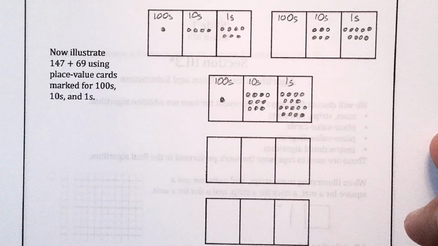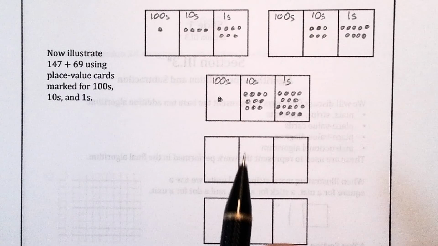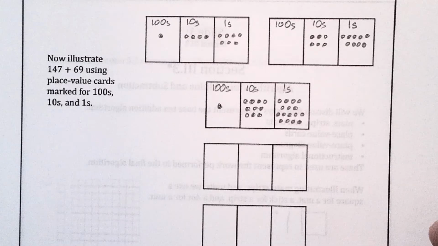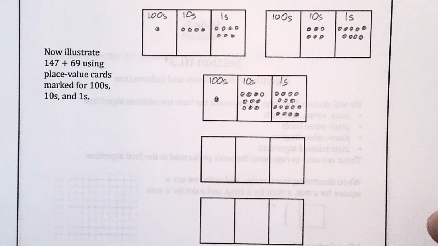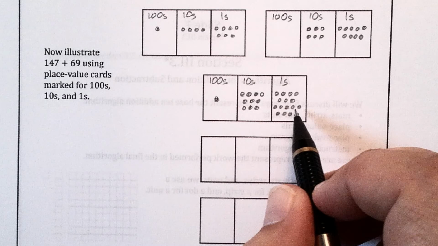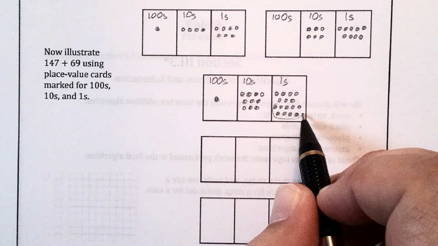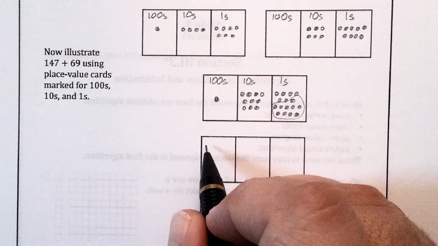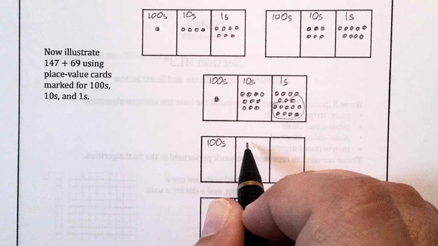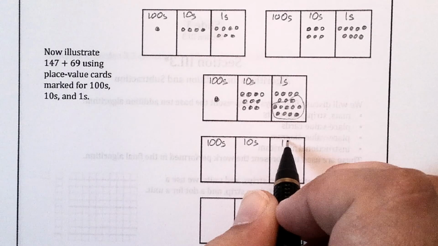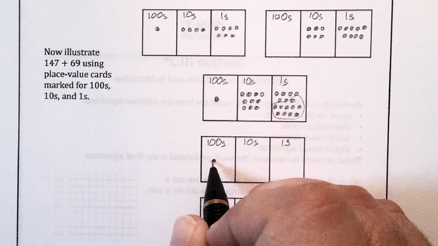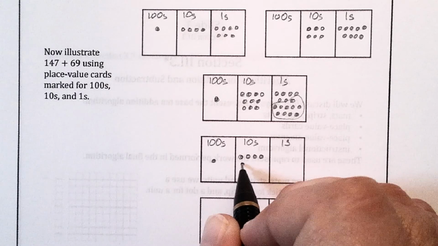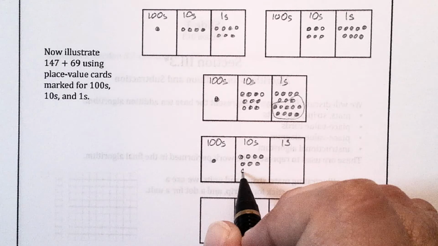Now, we're not allowed to have more than 9 in any slot. So my next step is going to be to exchange 10 of these 1s for 1 10. Okay, so now I have my 100 and my 10 tens. Plus an extra 10.